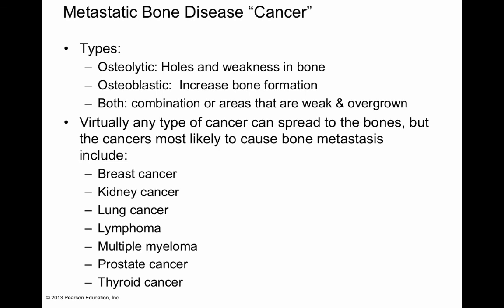Virtually any type of cancer can spread to the bones, but the cancers most likely to cause bone metastasis include breast cancer, kidney cancer, lung cancer, lymphoma, multiple myeloma, prostate cancer, and thyroid cancer.